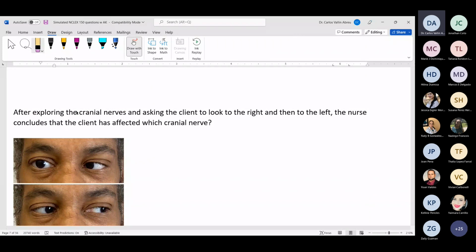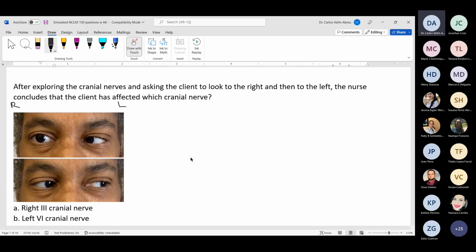After exploring the cranial nerves and asking the client to look to the right, remember that this is right and this is left. It is the opposite because the patient is in front of you. The nurse concludes that the client has affected which cranial nerve?